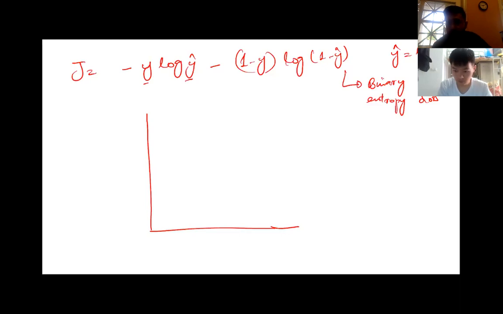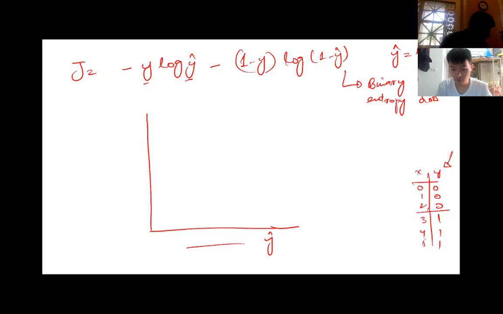For a given data, y is fixed, right? Because y is your label. So you would be given this, x and y. So y is fixed, y is not changing. So what's the independent variable? Y hat, right? So let's try to plot this loss function against y hat.